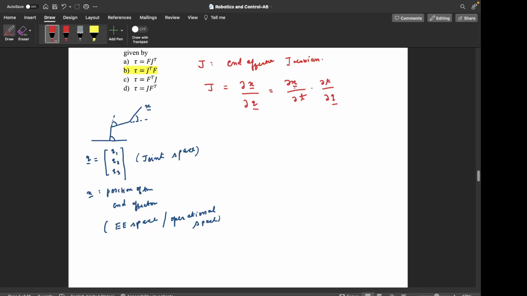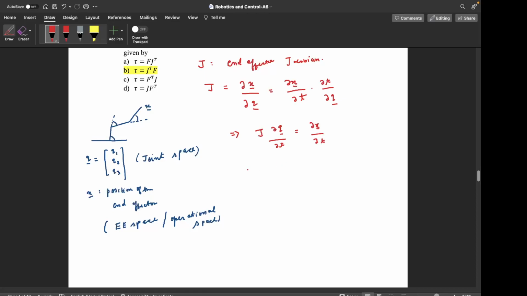So basically it is the time derivative of the end effector position times 1 over the time derivative of the joint angles. So this implies that J times del q by del t is equal to del x by del t.